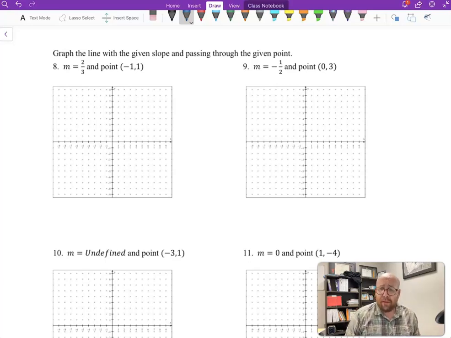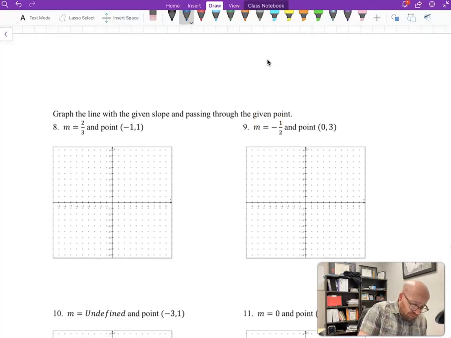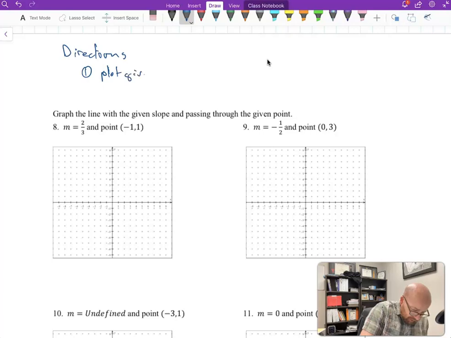For problems 8 through 11, we want to graph the line with the given slope passing through the given point. Okay, so here's your directions. Here's what we're going to do. Step 1 is we are going to plot the given point (x, y).